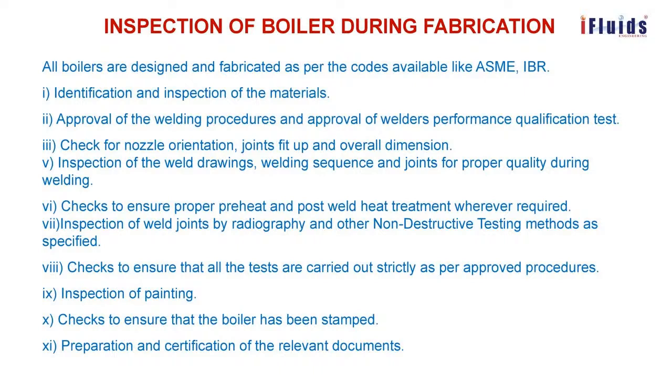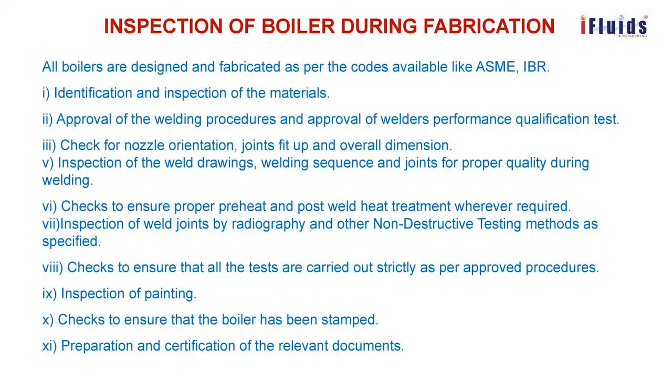So to avoid that, the base component itself is heated up at least to 70 to 80 degrees Celsius, and after that it is welded. That means the thermal dissimilarity will be very minimum, so the compactness of the boiler welding will be intact. Checks to ensure proper preheat and post-weld treatment.